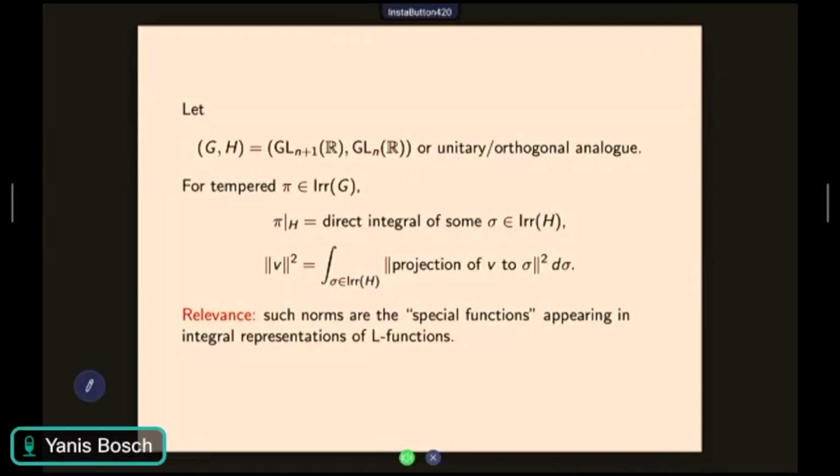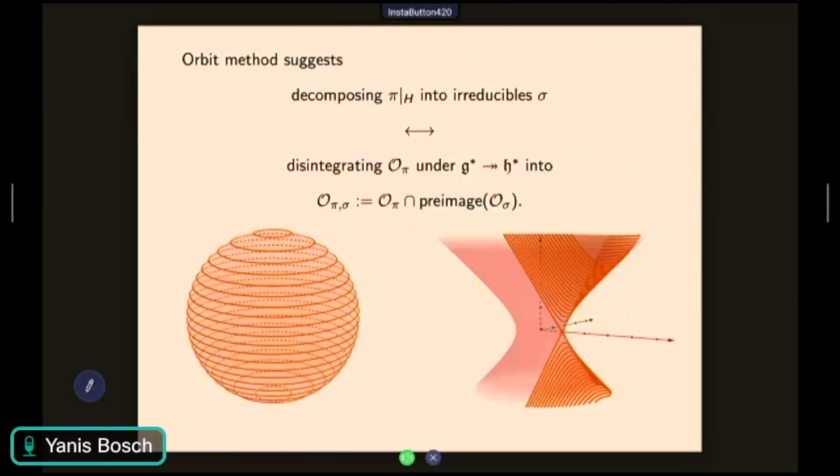To give some flavor for how one can analyze these using the philosophy described earlier, we should first ask: what does the orbit method suggest about restricting or decomposing a representation into irreducibles?